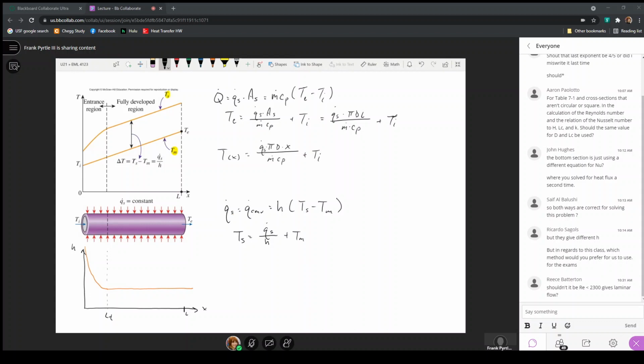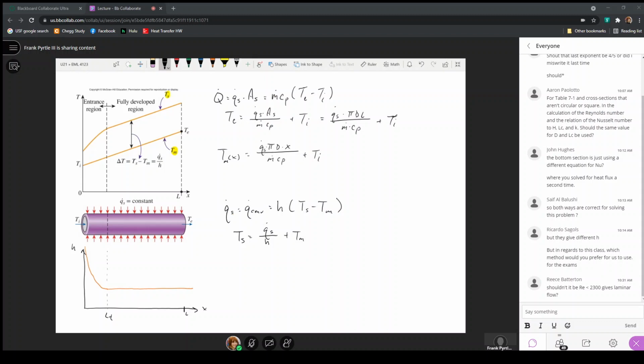Now, Ts is the upper orange line here. We have the equation for the mean temperature of the fluid, and actually let me write this here, this is Tm. That's the mean temperature of the fluid.